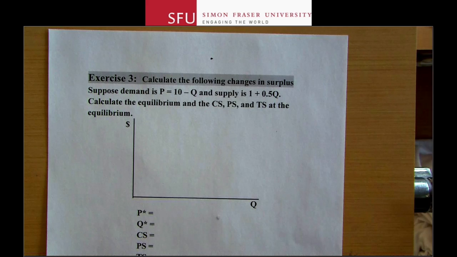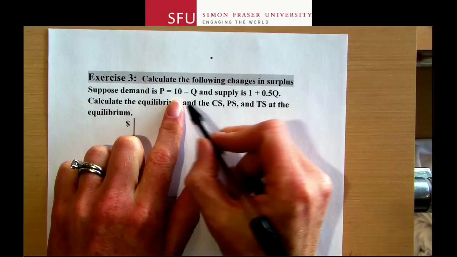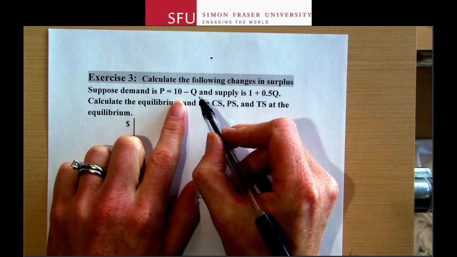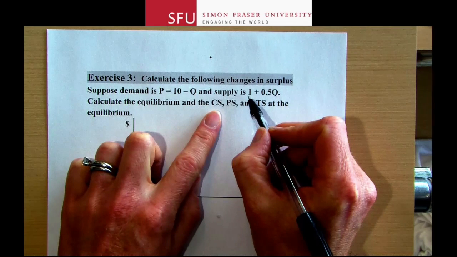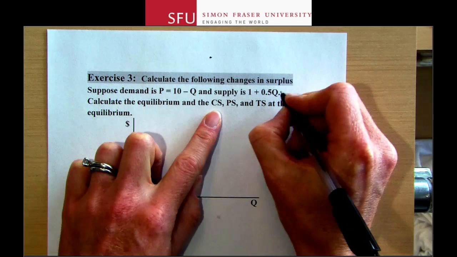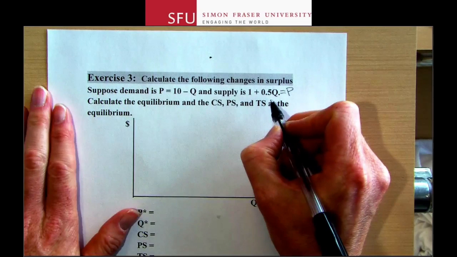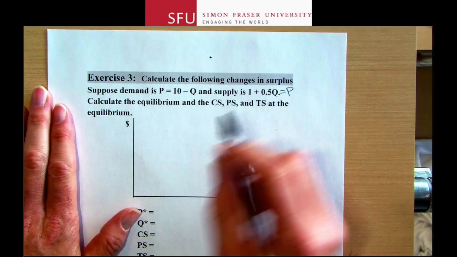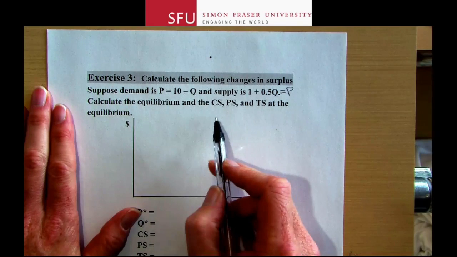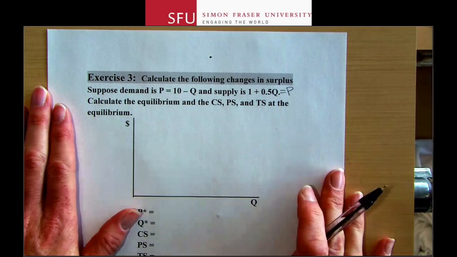We have demand, P equals 10 minus Q, and supply. And I forgot the P equals here, so I'll put that over here. P equals 1 plus 0.5 Q. And first we're going to calculate the equilibrium and then the different surplus areas. All right.